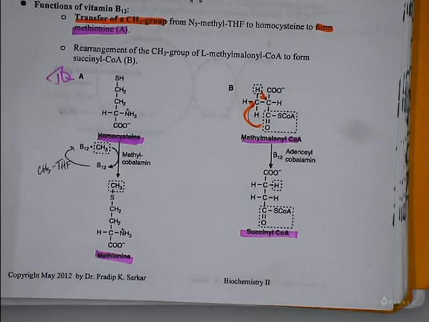So B12 can transfer a one-carbon unit from homocysteine to methionine. What does homocysteine look a lot like? Cysteine. What's the difference between cysteine and methionine? Do you guys remember the structure? Cysteine ended in a terminal sulfhydryl group, whereas methionine has an extra methyl group on the end of that terminal sulfhydryl group.